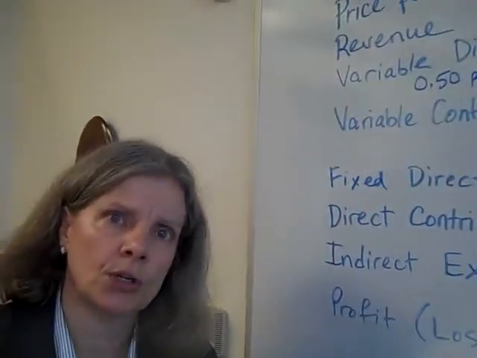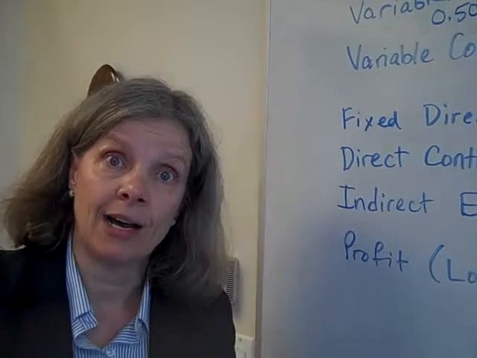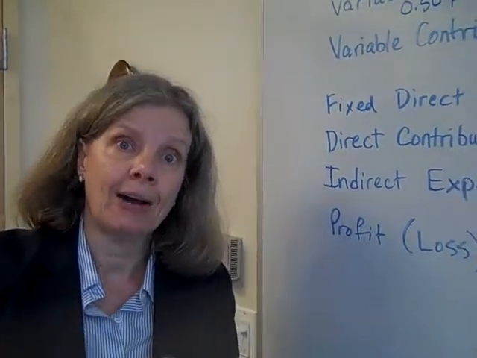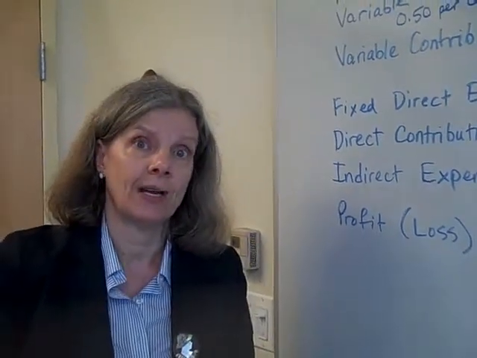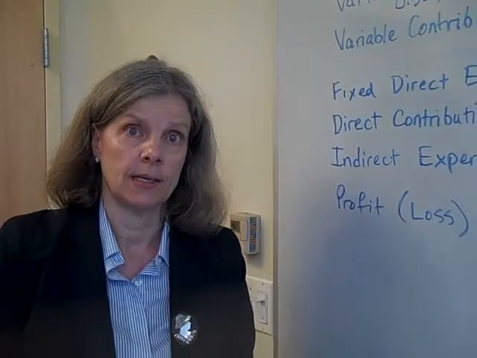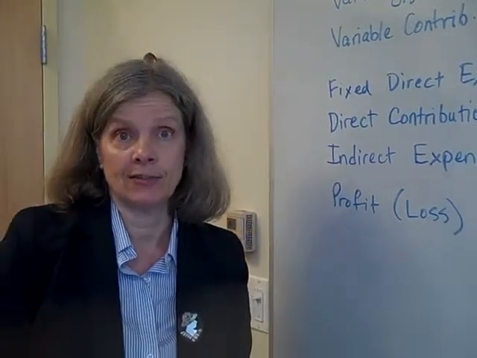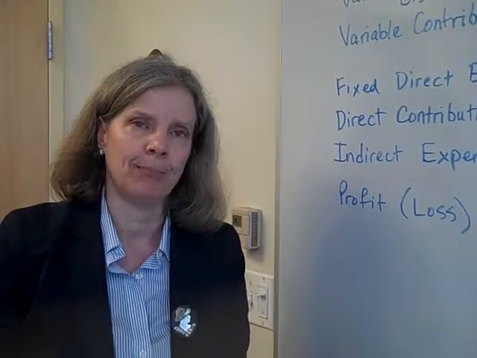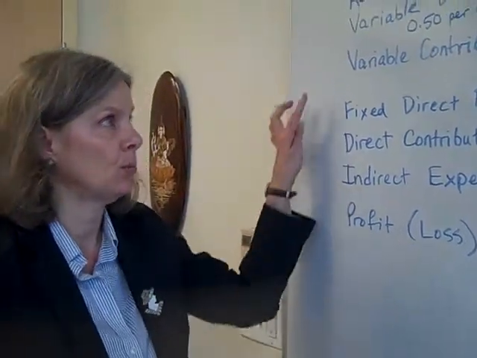The variable contribution margin is what's left from the revenue after subtracting the variable direct expenses. And it should be positive. If it's positive, we're really happy. Woohoo! Positive contribution margin.